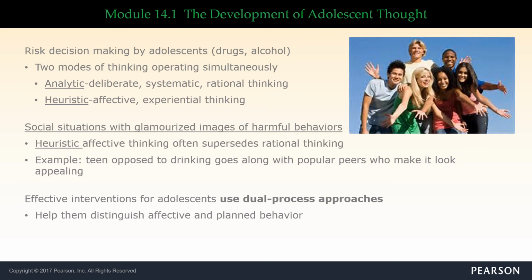And in social situations, oftentimes those drugs and alcohol have a glamorized image, and heuristic tends to be how, especially if their peers are participating in that kind of activity, they may make decisions based on affect or emotions and their previous experience. And then even though they might be opposed to using alcohol, they might go along with it.